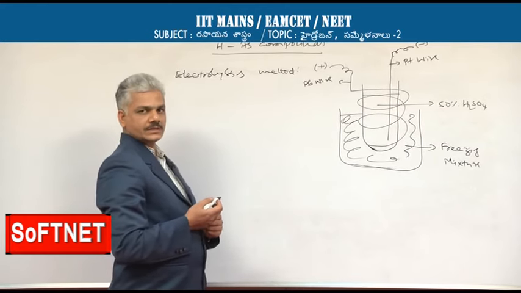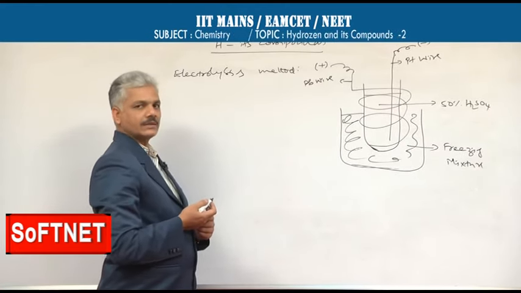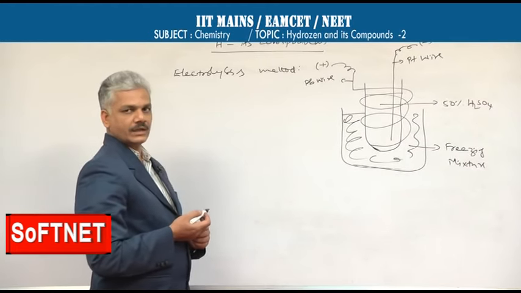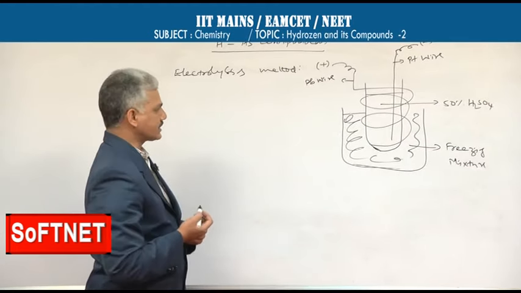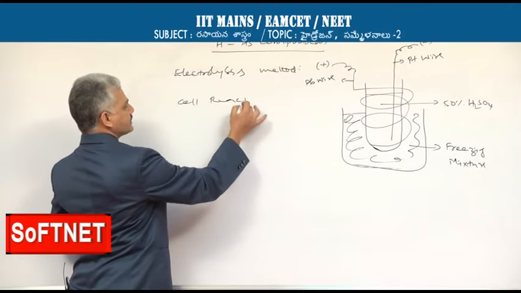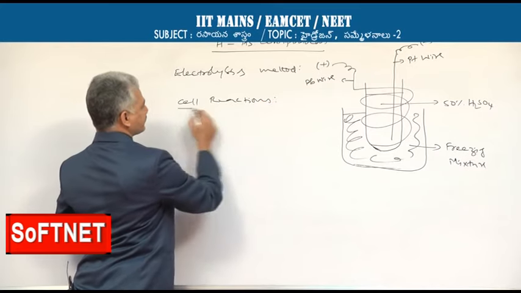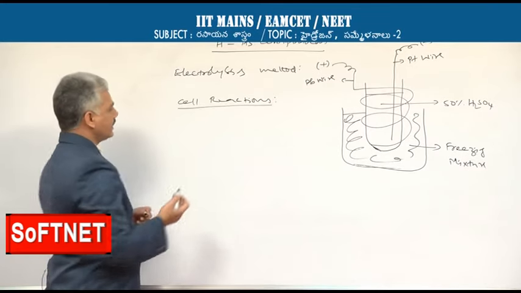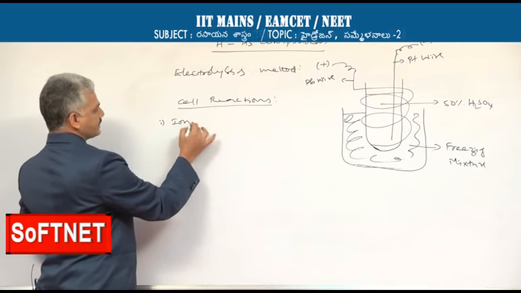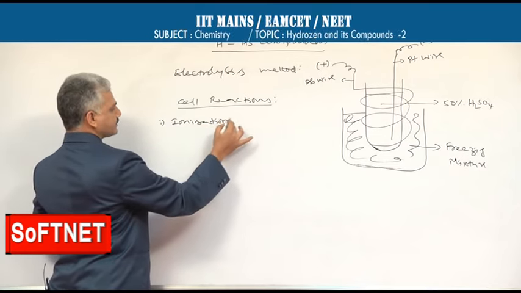The sulfuric acid solution undergoes chemical changes and produces hydrogen peroxide as per the following reactions, which can be studied under the heading of cell reactions. In cell reactions, first the electrolyte undergoes the process of ionization.